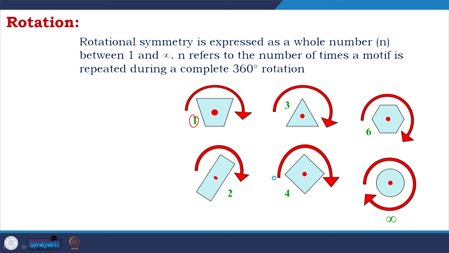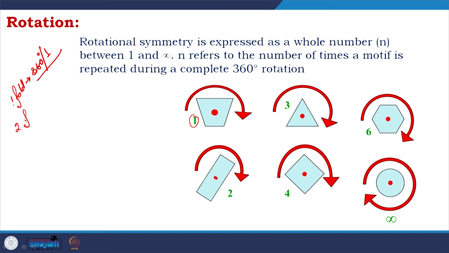Rotational symmetry is expressed as a whole number n between 1 and infinity. n refers to the number of times a motif is repeated during a complete 360 degree rotation, which means if it is onefold, it is 360 degrees divided by 1, the rotation.